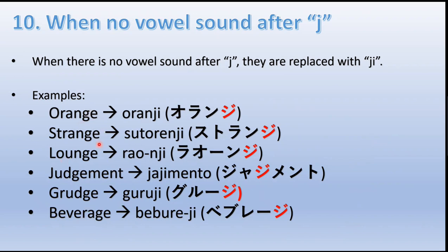It's not necessary that the alphabet will be j. The sound should be the j sound, which is produced by this ge in each of these words. So when there is a j sound without a following vowel, the Japanese word will have a G sound. So orange becomes orangi, strange becomes sutorenji, lounge becomes rounji, judgment becomes judgmento, grudge becomes guruji, and beverage becomes bebureji.